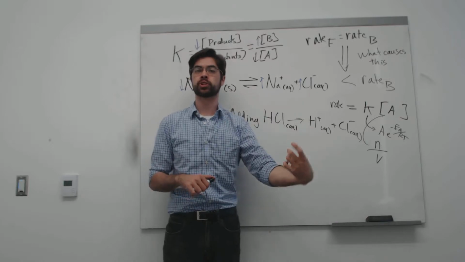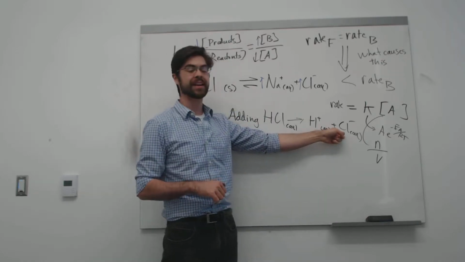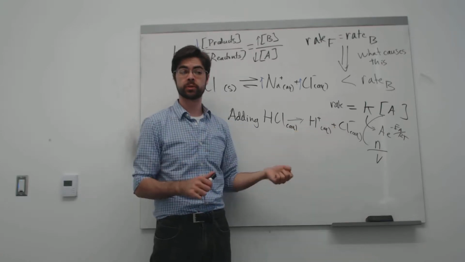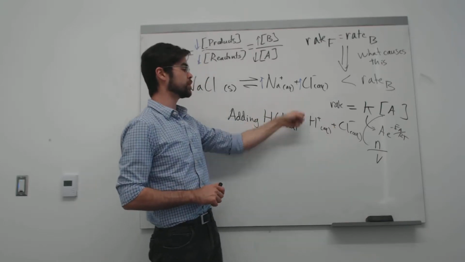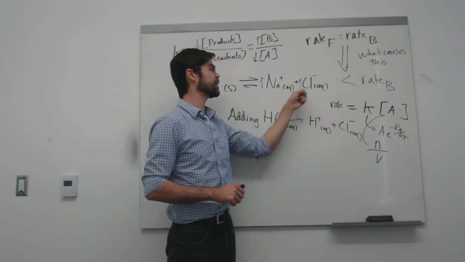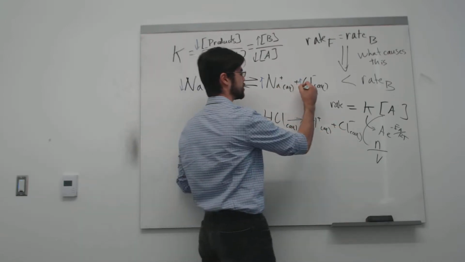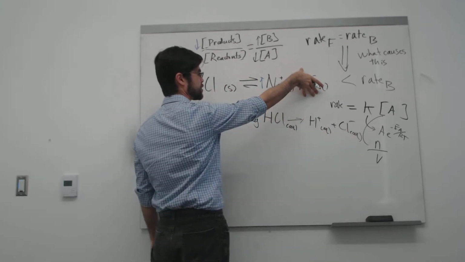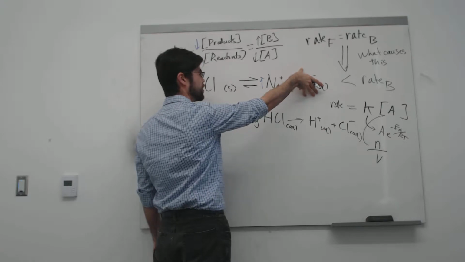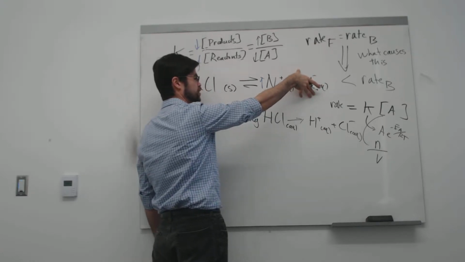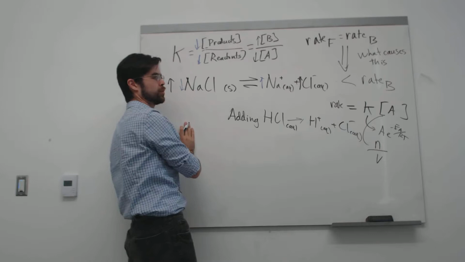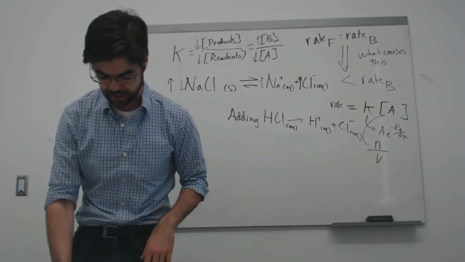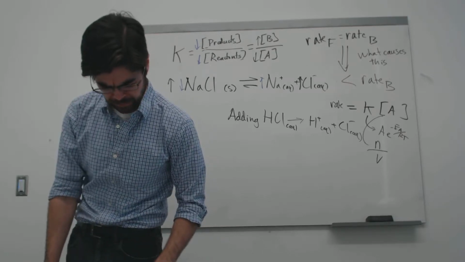So when you add HCl, you are essentially adding chloride ions, increasing the concentration of chloride. All of a sudden, I have an excess of products, so I need to increase the amount, or rather the concentration, of reactants, very generally speaking.